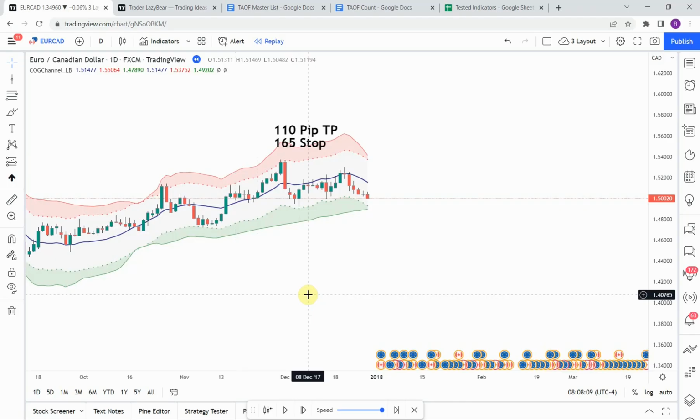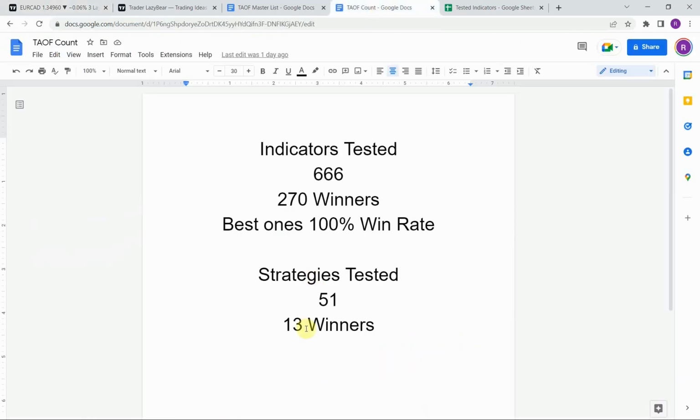Alright, as I said, today we will be testing the custom COG channel. Before we do though, I wanted to put the testing scoreboard up for everyone to see. So to date, we have tested a total of 51 different strategies, with 13 of them being profitable. We've also tested a total of 666 indicators, with 270 of them being winners.